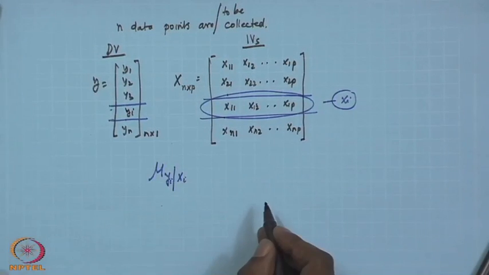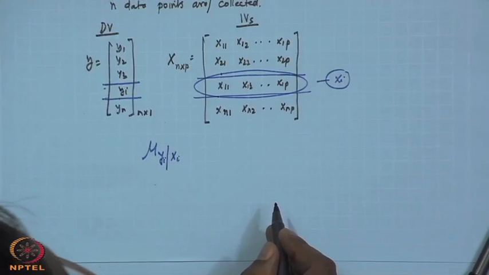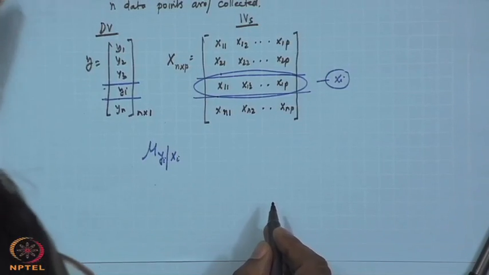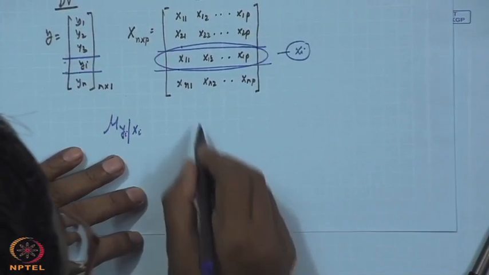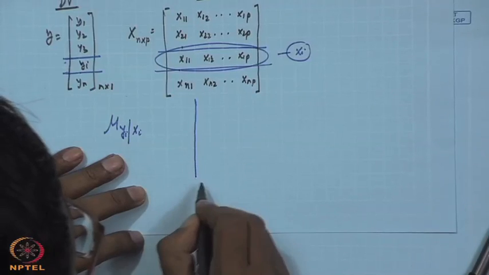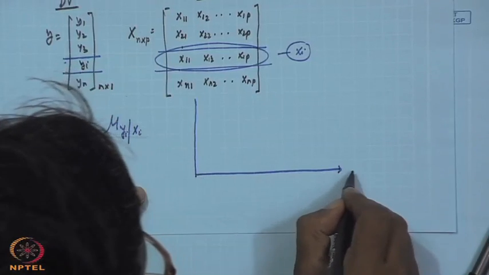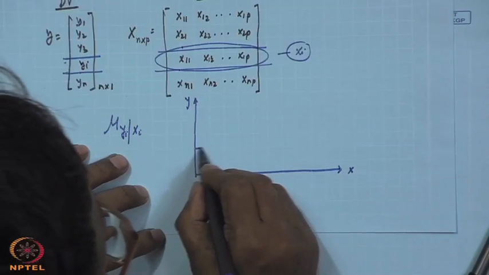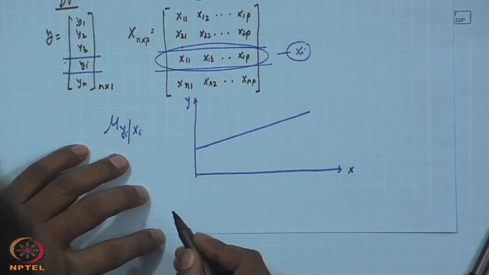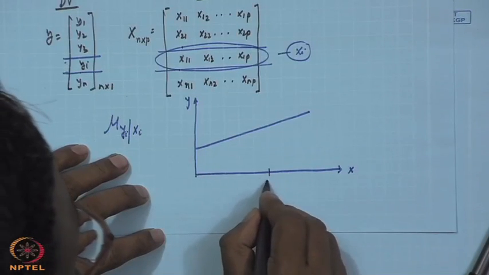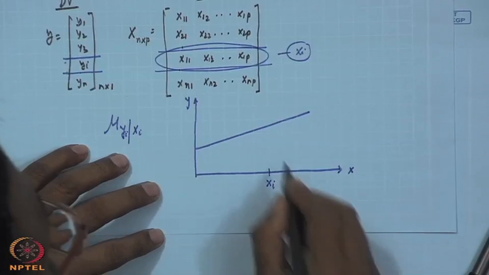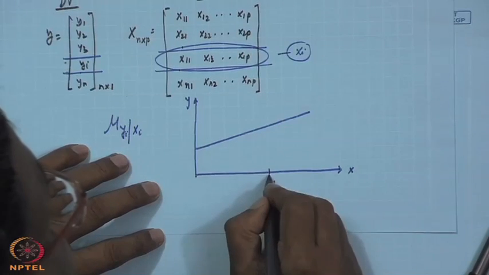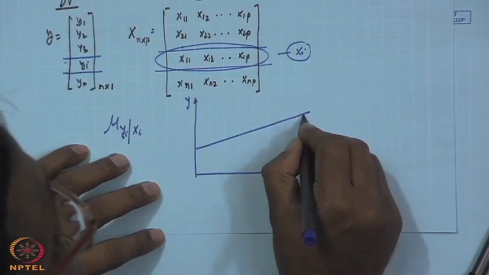Why so? If we assume a little bit, suppose there is one x and one y, and you are fitting a linear line. Suppose this is your xi, and this is the regression line.